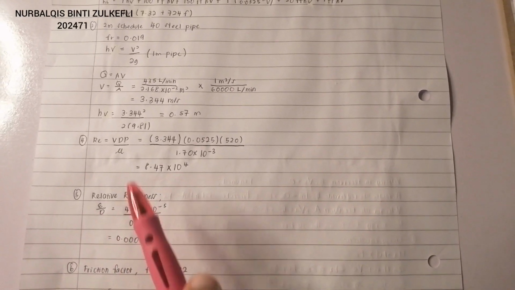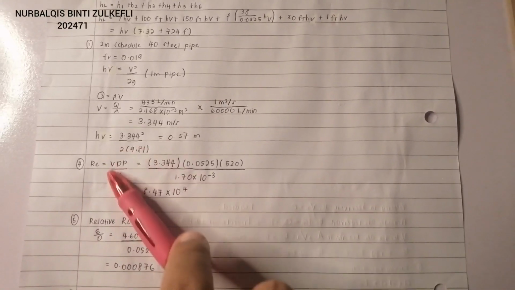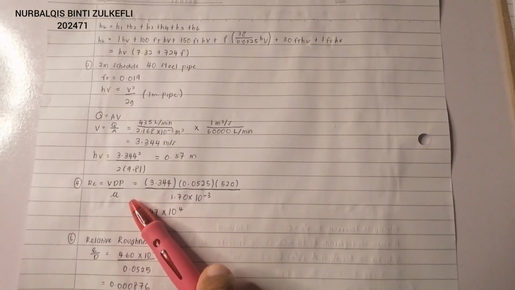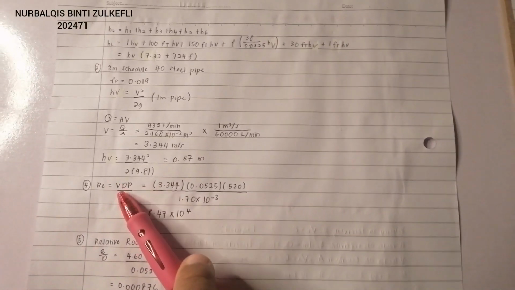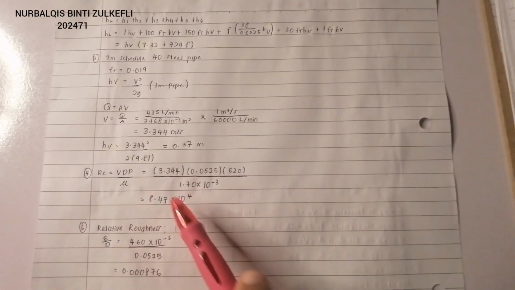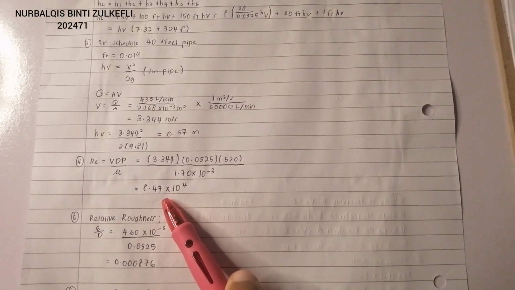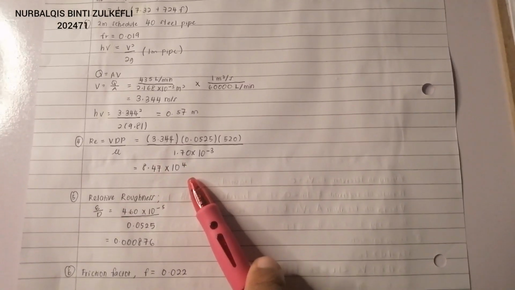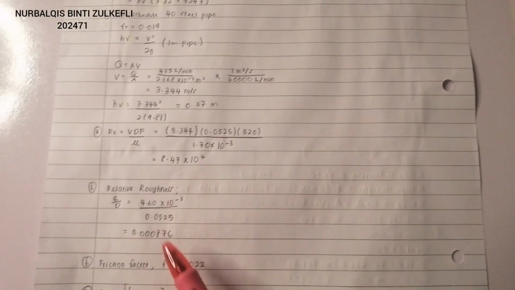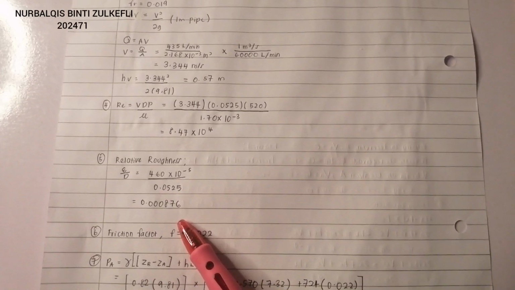Step 4. To find the friction factor, we must know the Reynolds number and relative roughness. This is the formula of Reynolds number, which is V times D times density over viscosity, and we get 8.47 times 10 to the power of 4. Next, relative roughness is roughness over diameter.